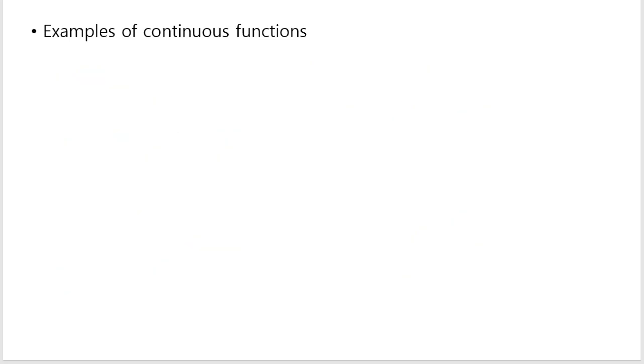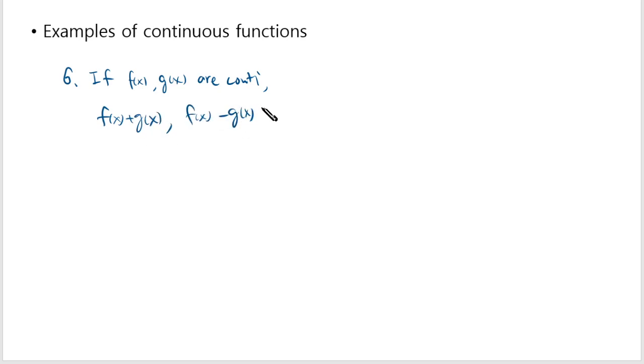Now we can further carry on and think about adding, subtracting, multiplying functions, and these will all give you continuous functions. So number 6, if f(x), g(x) are continuous everywhere, right? Then f(x) plus g(x), f(x) minus g(x), f(x) times g(x) are continuous.